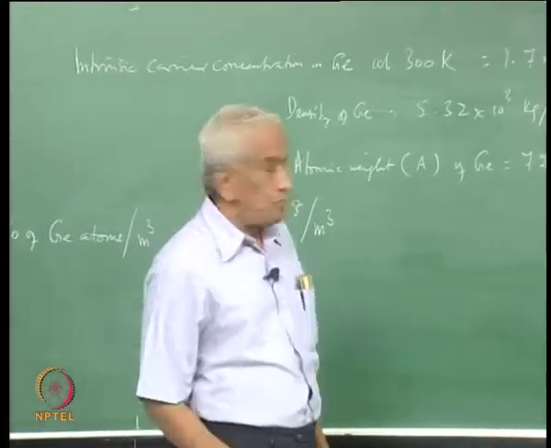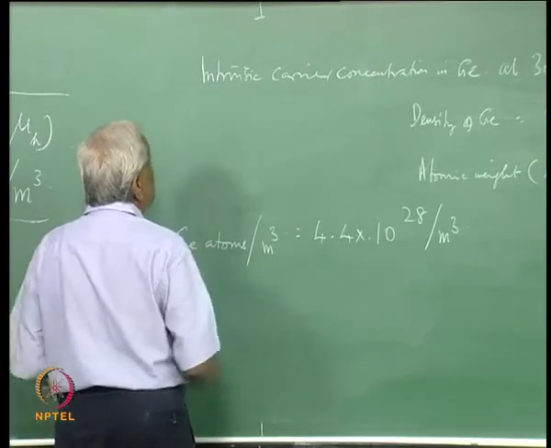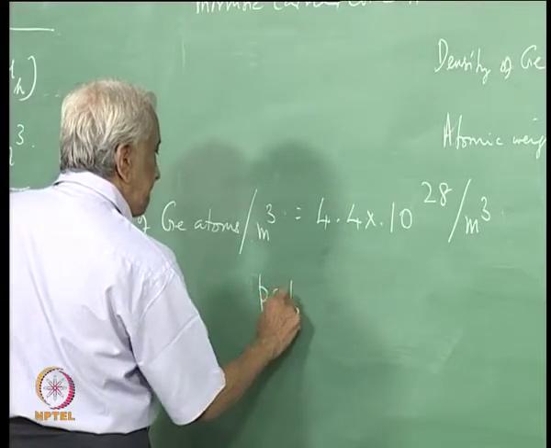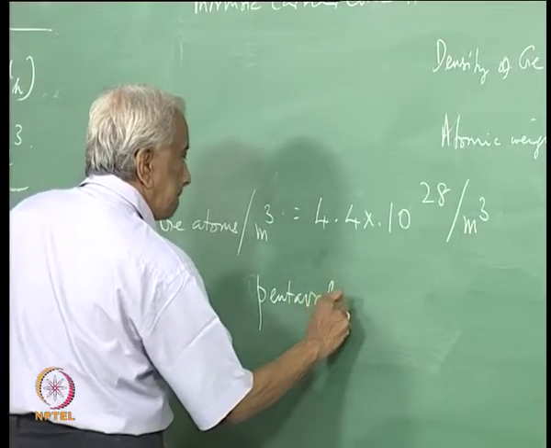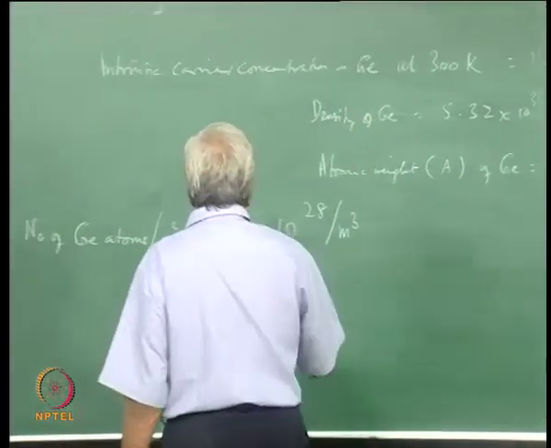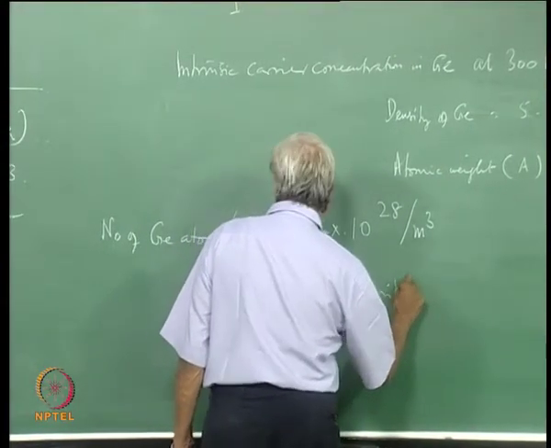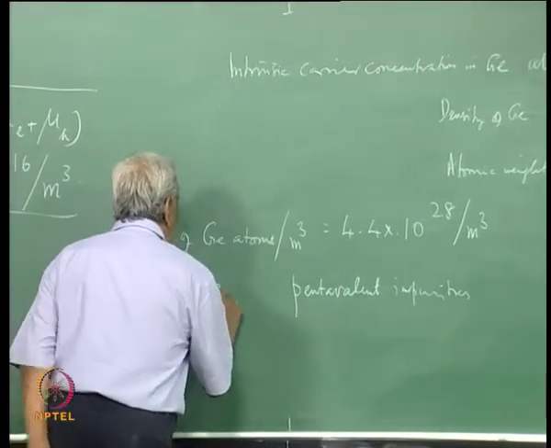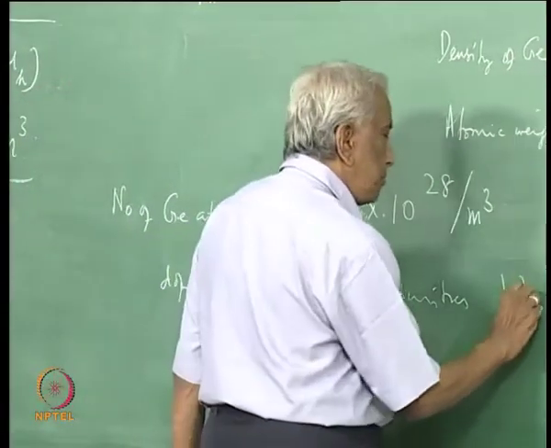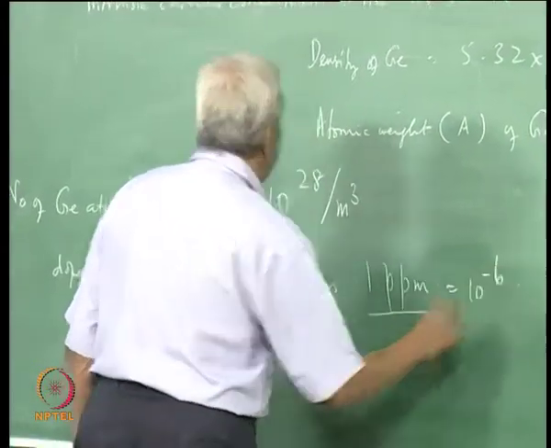We are asked to assume that this germanium is doped with pentavalent impurity atoms, and the doping concentration is 1 part per million, which is 10 to the power minus 6.